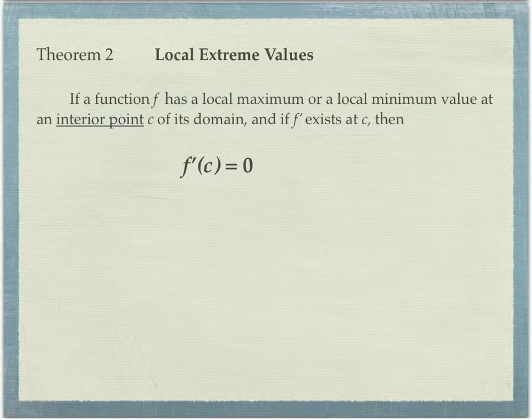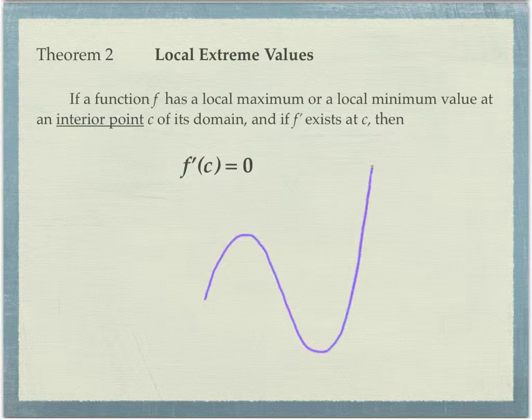So just for instance here, if I draw a quick little graph like this, and let's just say that that just keeps going on and on like that. Well, I know that this could be considered a local maximum, and this could be considered a local minimum right there. When I look at the derivative of that, the derivative is going to be 0, as this theorem says. Why? Well, remember our derivative is really just another name for our slope.